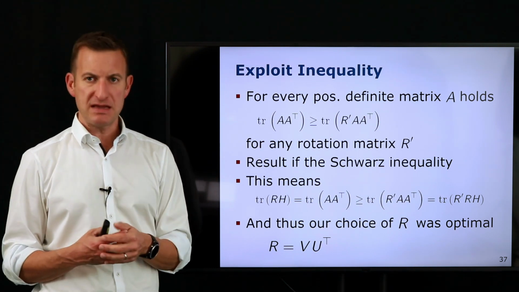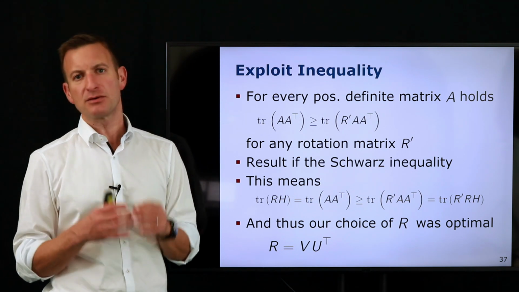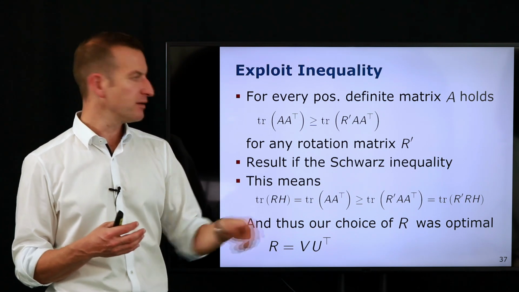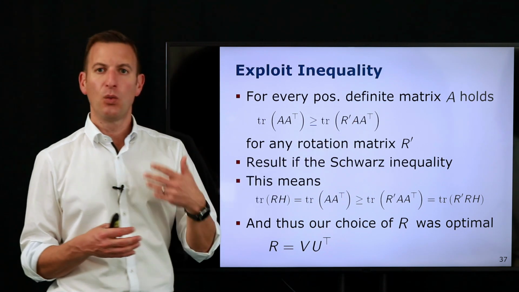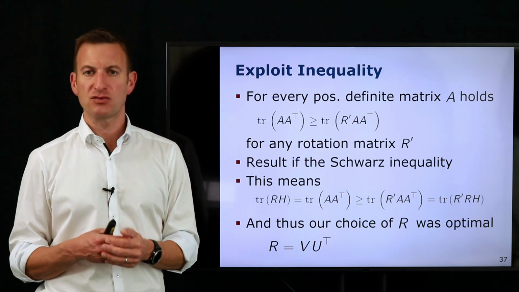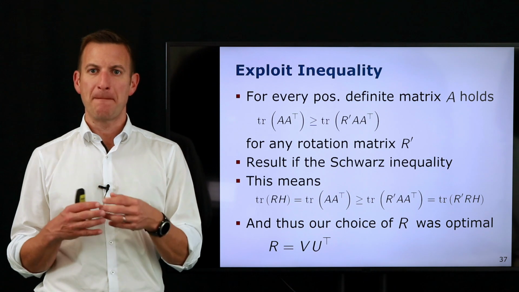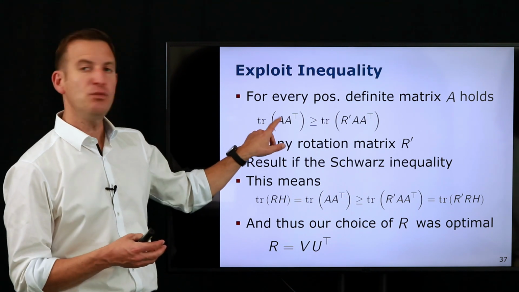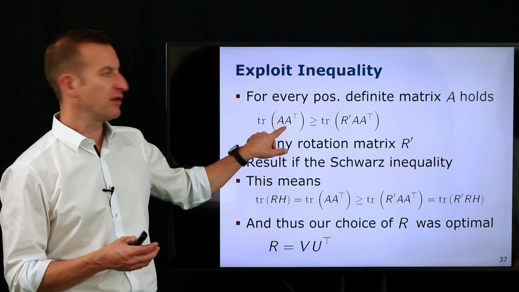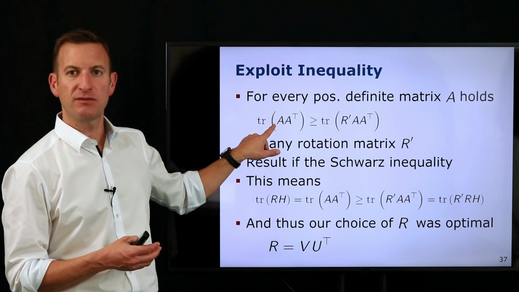What it means is that putting any other rotation in front of this matrix will make the trace smaller. So if we want to maximize the trace, we can't do better than keeping this equation, not multiplying anything in front.